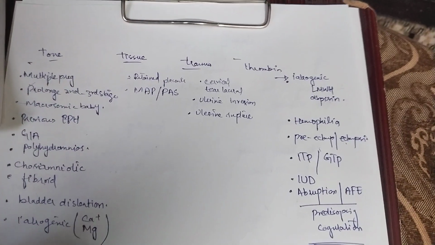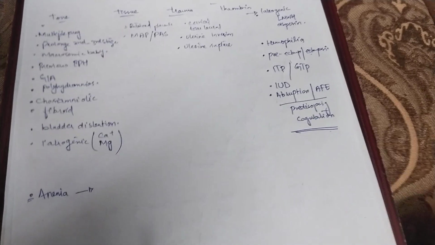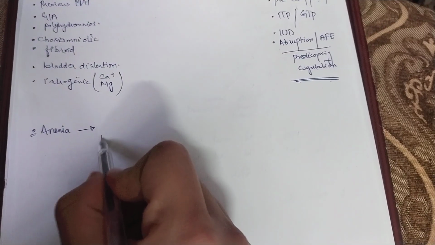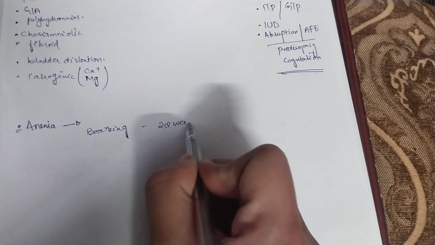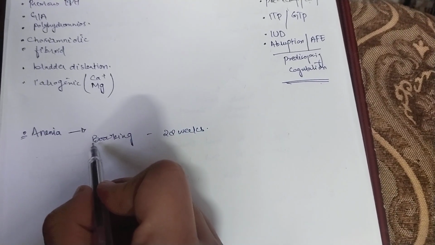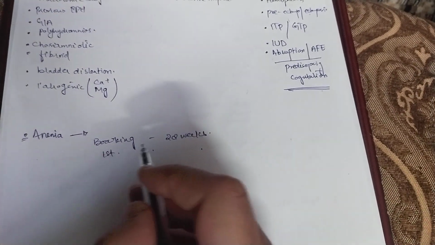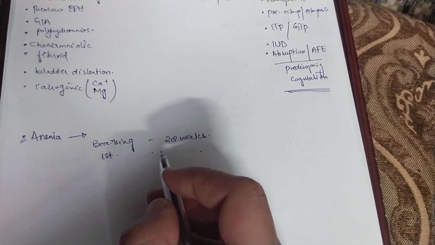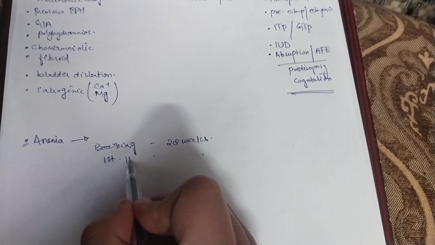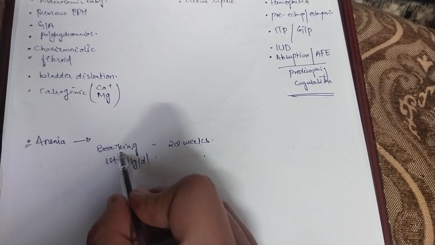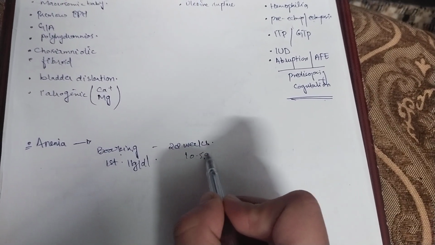Okay, one more important thing, if a patient is having anemia, when a patient is diagnosed as a case of anemia at booking or 28 weeks, we know that in the first trimester, second trimester and third trimester we have different reference values of anemia. At booking the HB level should be 11 gram per deciliter, for example in the first trimester, and in the second trimester it should not be less than 10.5 gram per deciliter.